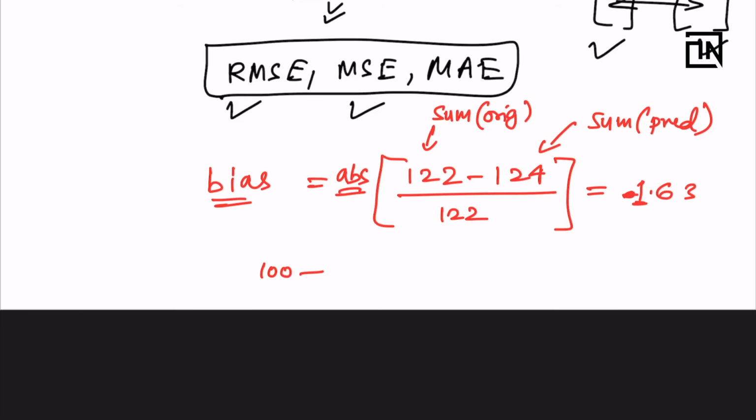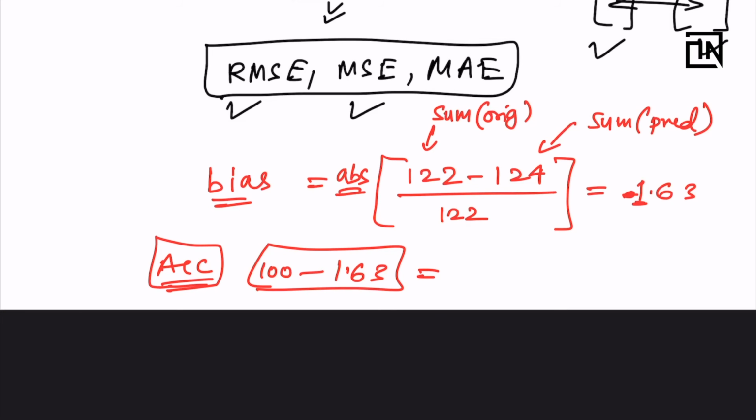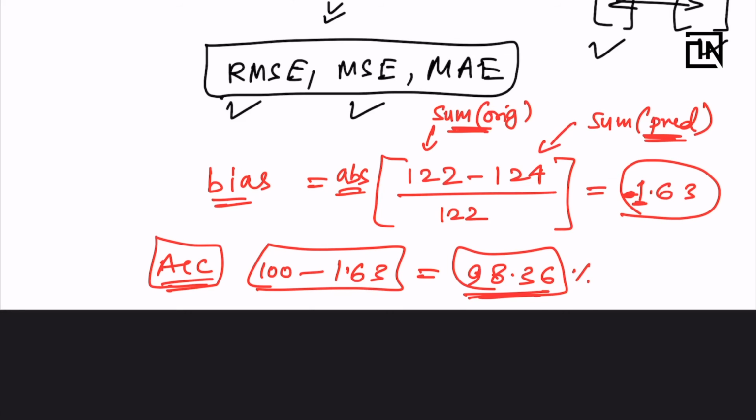So 100 minus 1.63 becomes my accuracy. I'll say my model is 98.36% accurate. All in all, if you take the summation of all the original and the summation of all the predictions, they are 1.63% far away from each other.